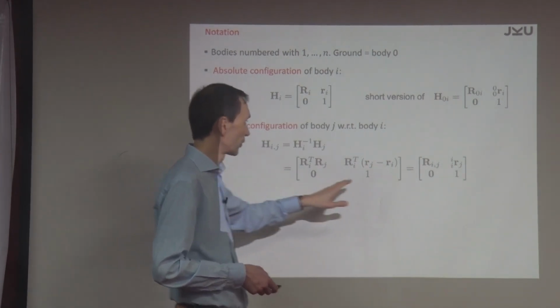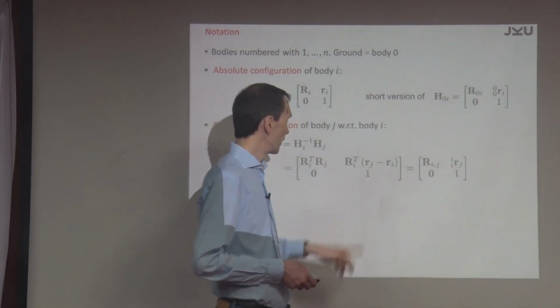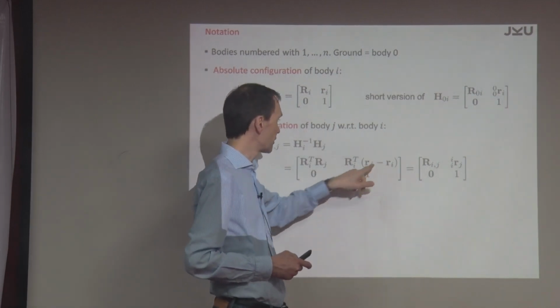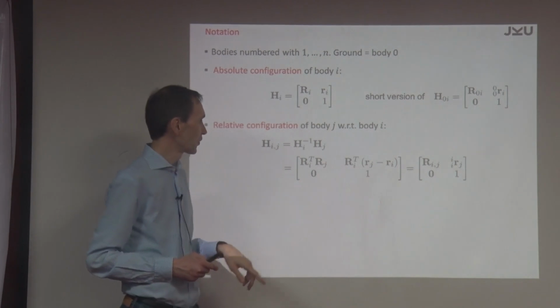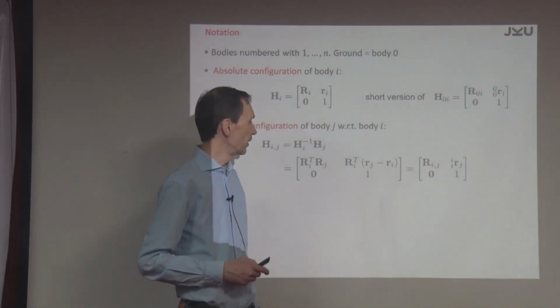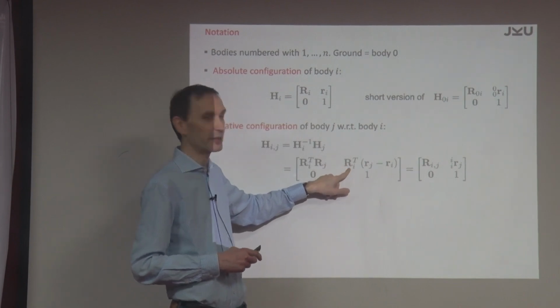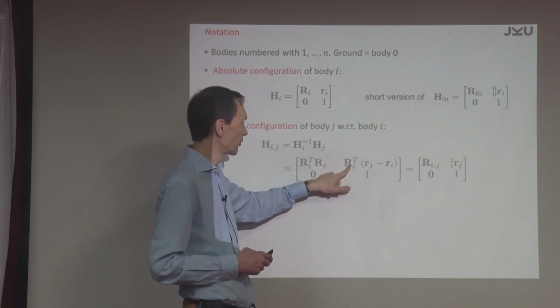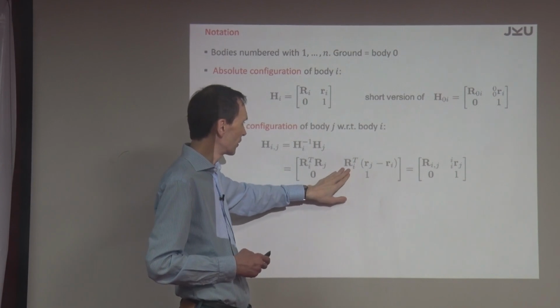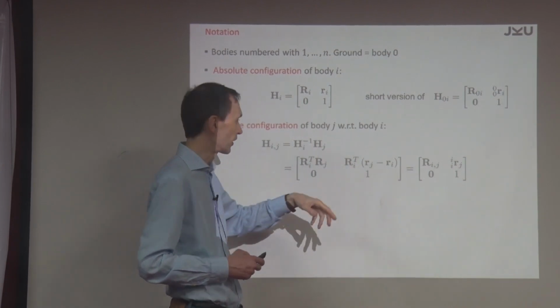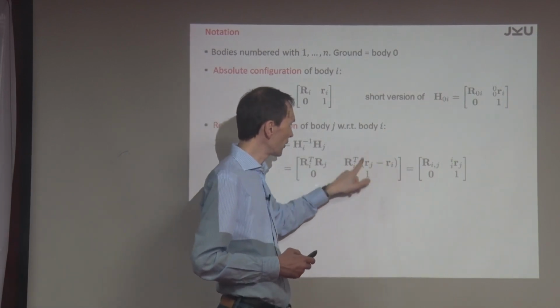What you get, for example, for the displacement is simply the vector from I to j. This is again the vector from I to j, represented in the I frame, right? Because Ri0 transforms from I to 0, but the transpose goes from 0 to I. So these are expressed in the space fixed frame.